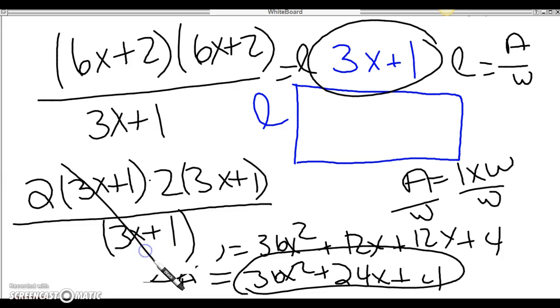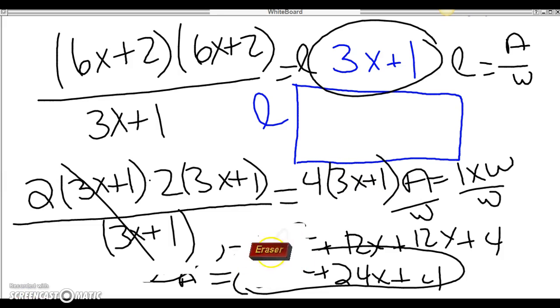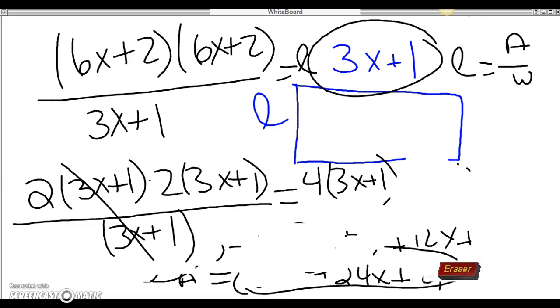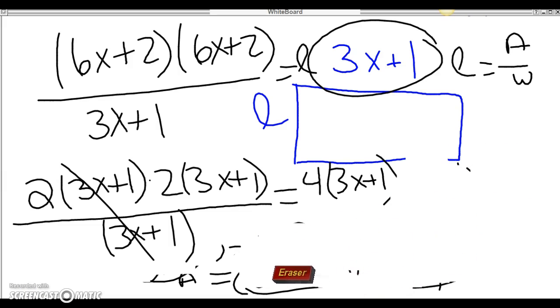So one of my 3x plus 1 cancel out, and I'm left with 4 times 3x plus 1. So my length has to be 4 times 3x plus 1. I can multiply it out if I want to, or leave it like that. But if I multiply it out, I get 12x plus 4. Okay.